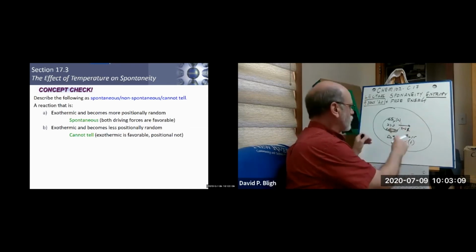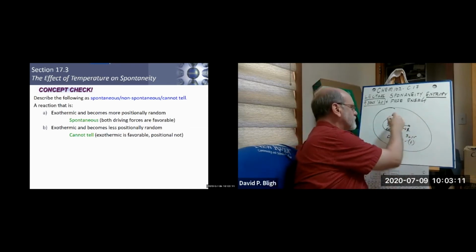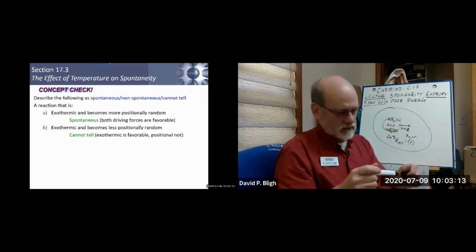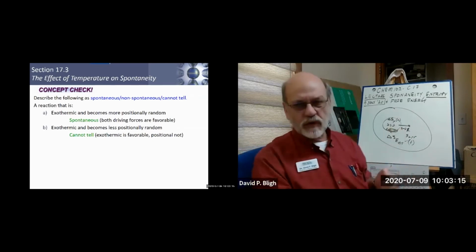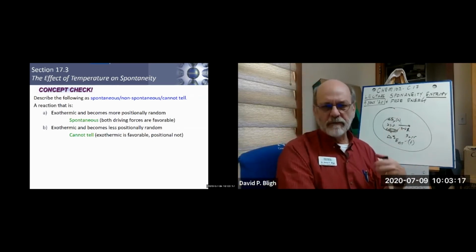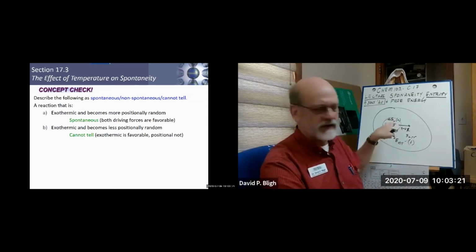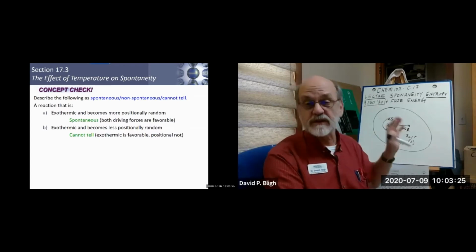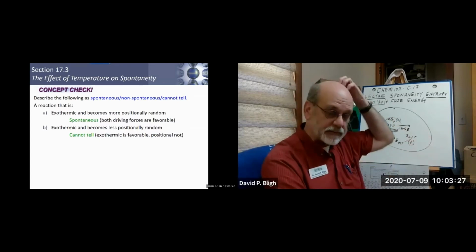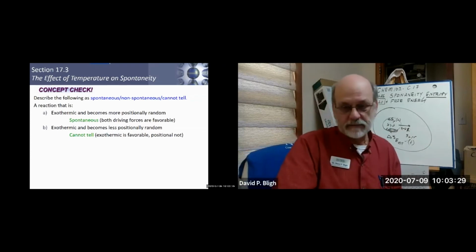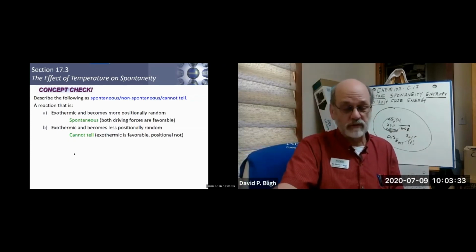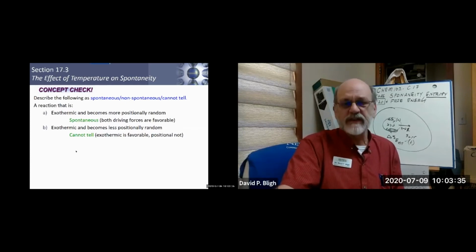And energy total randomness is also increasing. But in order to say that the randomness decreases for the system, you would have to say which one dominates, and it depends on the temperature. And we don't know that. So we cannot tell for this one. That's true. I can see the logic.